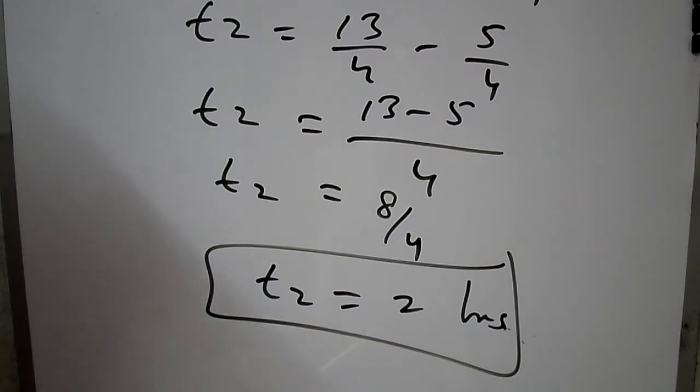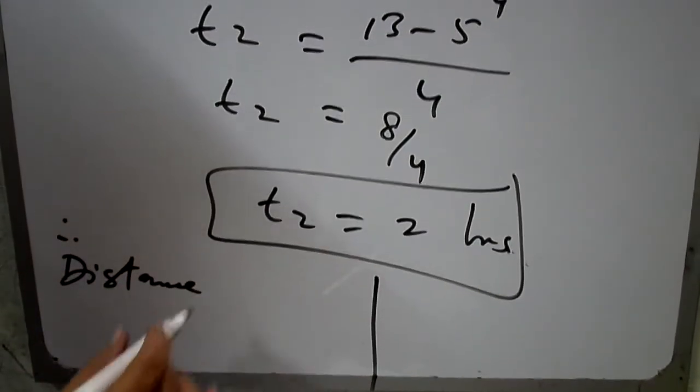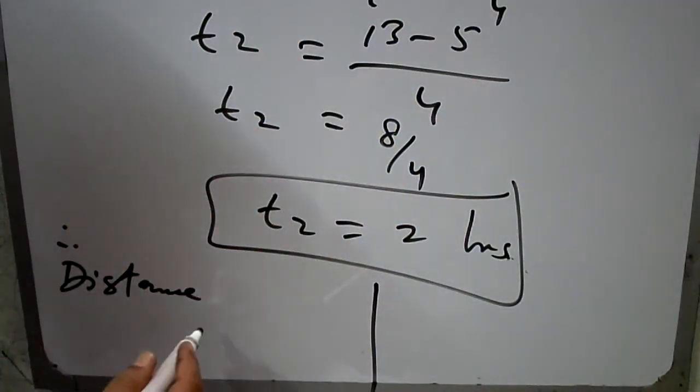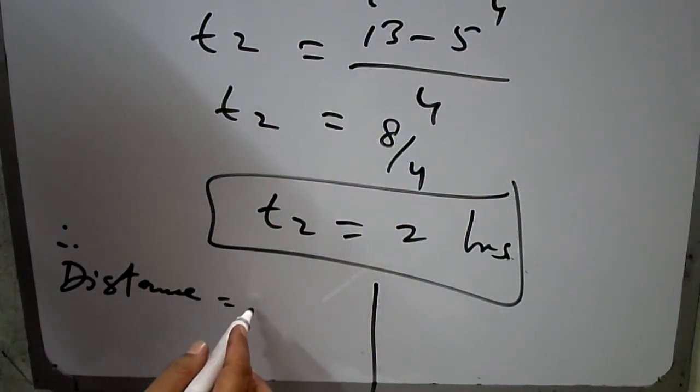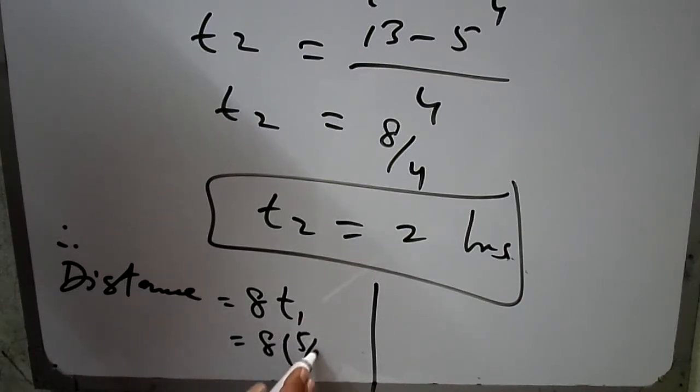Because we don't have the value of time, first we have to find the time, and then the distance formula is velocity, that is 8 into T1. The value of T1 we have calculated, that is 5 by 4 or 1 whole 1 by 4. So the distance will be 10 kilometers.